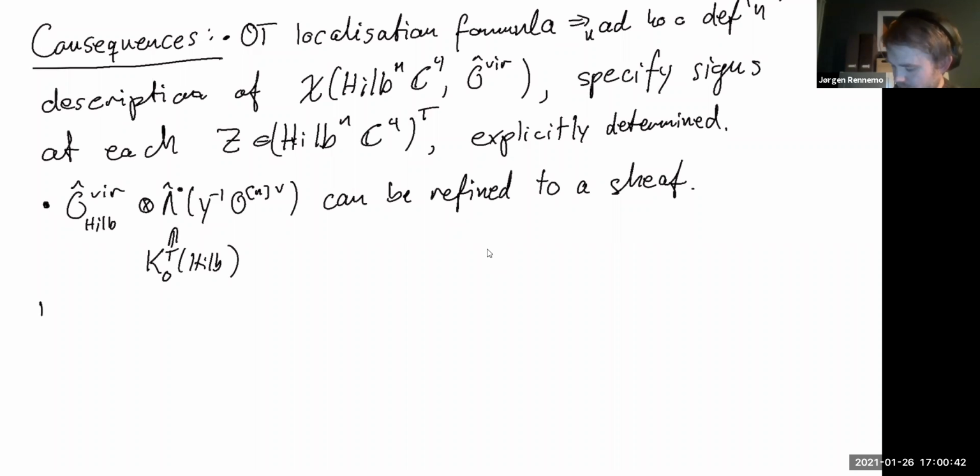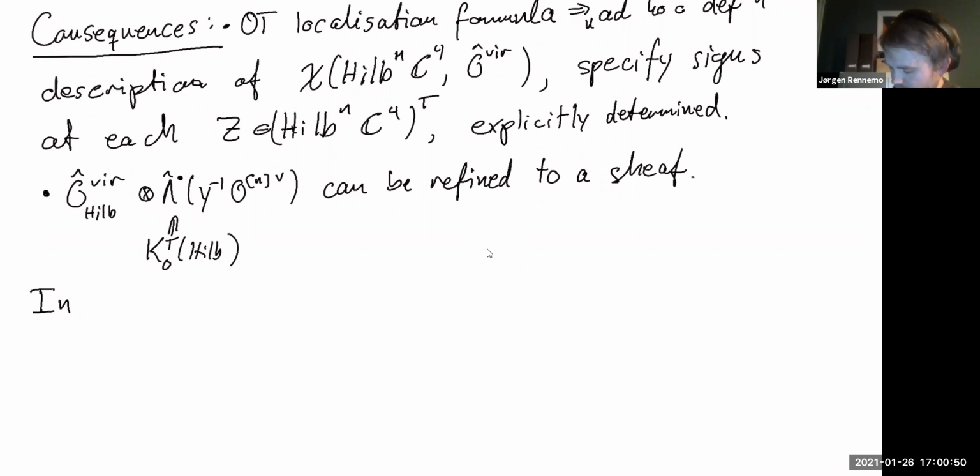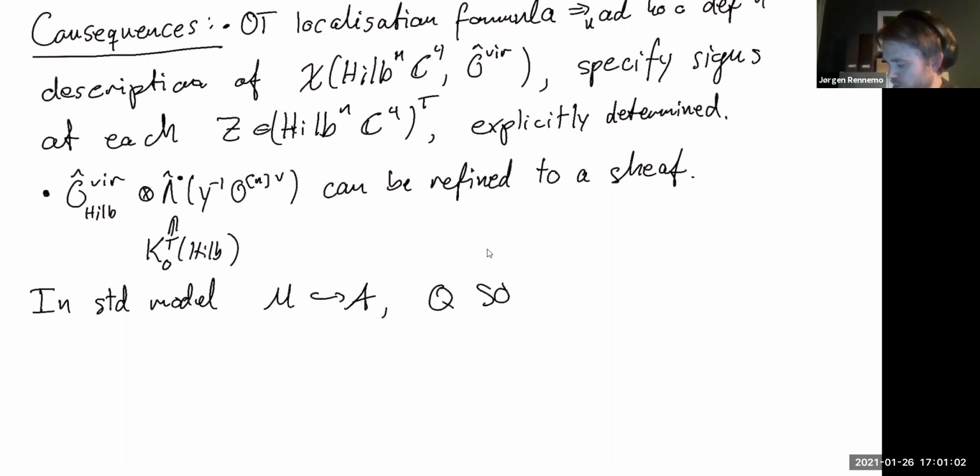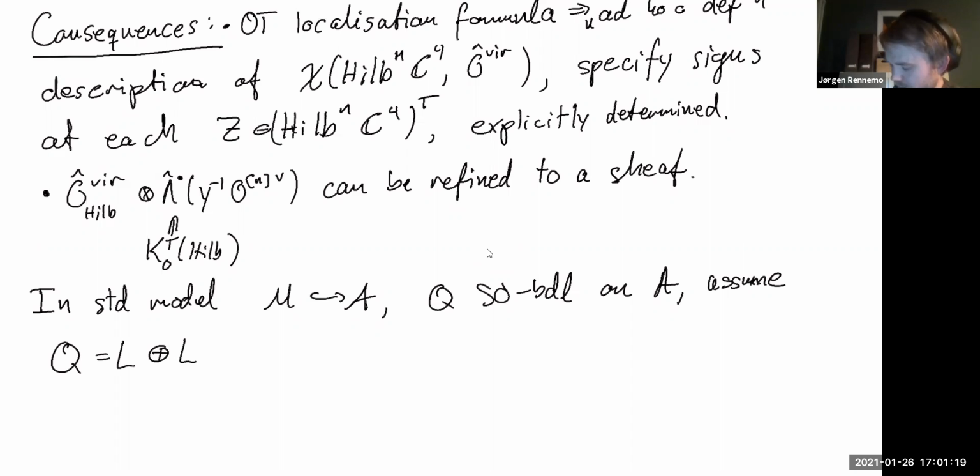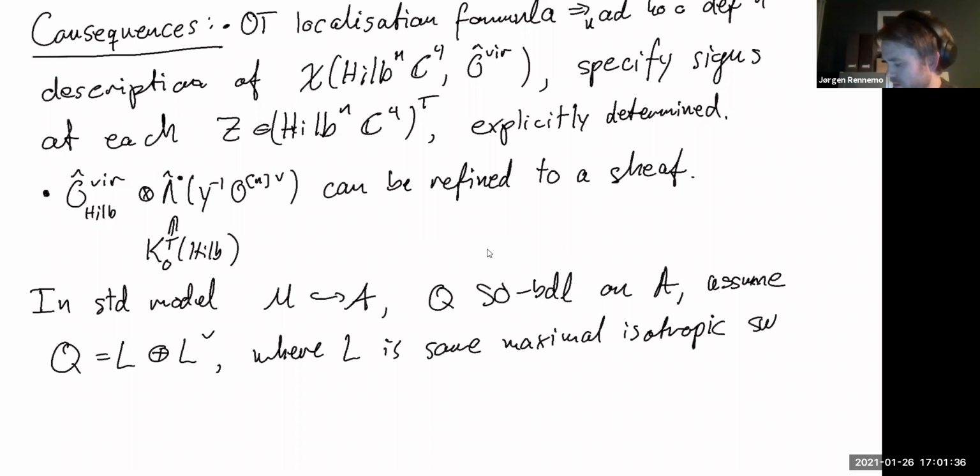As this will be writing down a complex, in the standard model, where we have an M sitting inside an ambient space A, and we have an SO bundle Q on A, we assume, let's make this model even simpler, that Q is of the form L plus L dual, where L is some maximal isotropic subbundle.